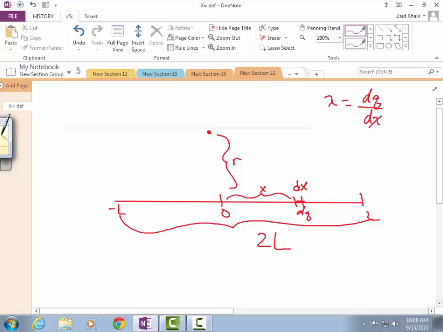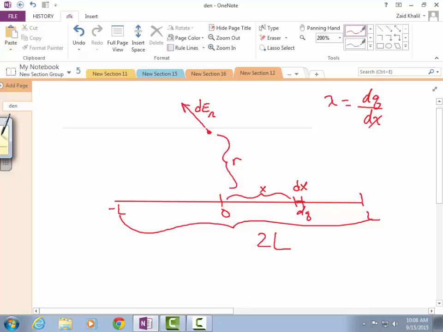Now, what is the electric field at that point from that element? Lambda dx. Where is it pointed? Points right. So this is where dE script r is pointing.